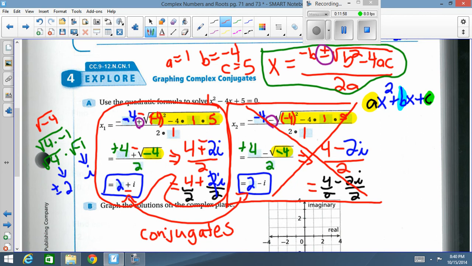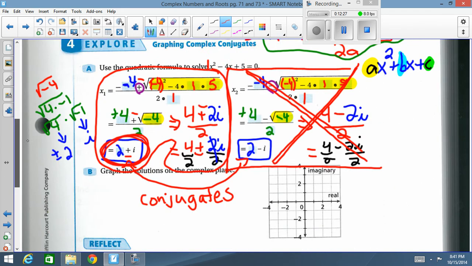This is a plus or a minus. This is a plus or a minus. Your answer is a plus or a minus. So you don't really need to do this in two separate steps. And I'm guessing that when you did quadratic formula in Algebra 1, you probably didn't do it in two separate parts. You just keep the plus or minus as you go through. I would suggest we do that instead. Okay, we're not going to worry about graphing these down at the bottom. Okay?